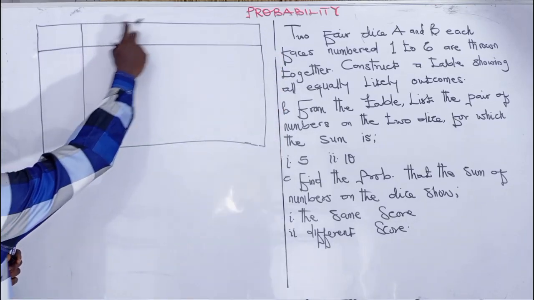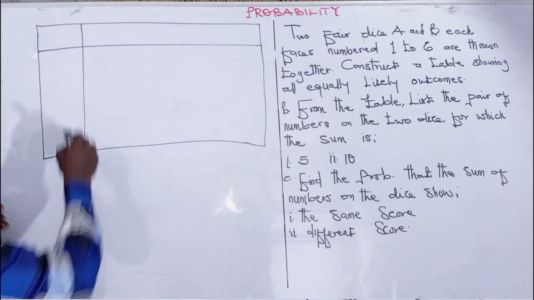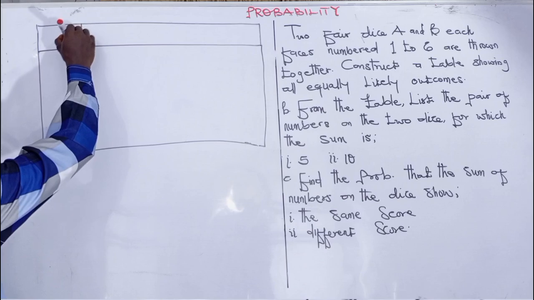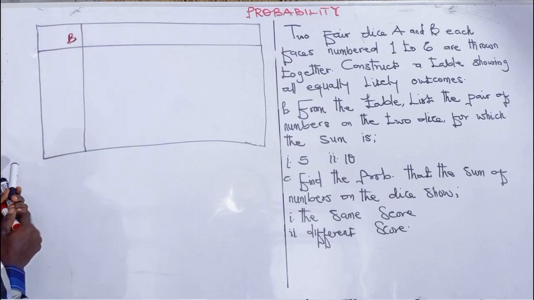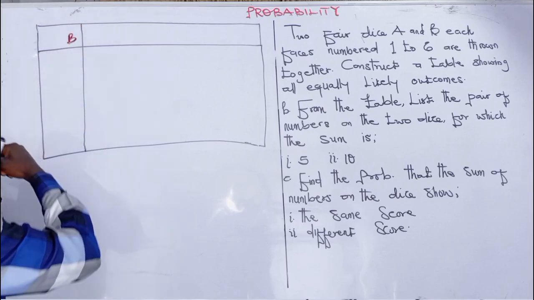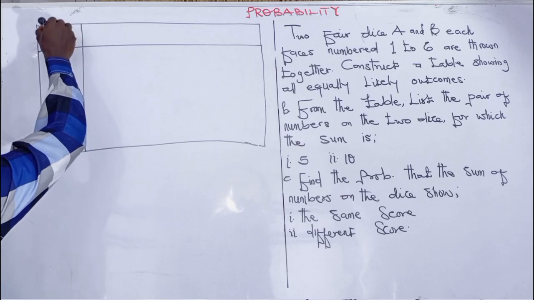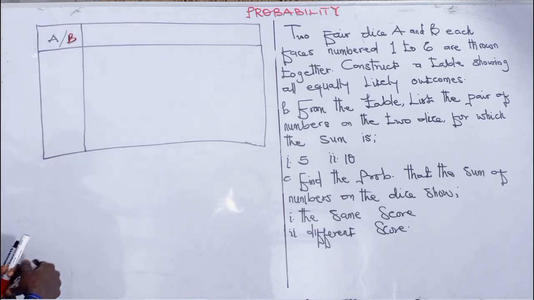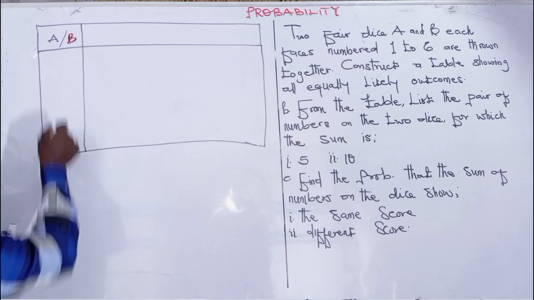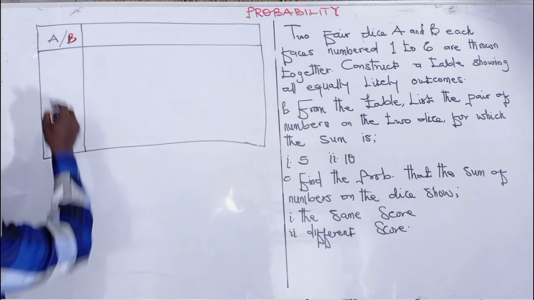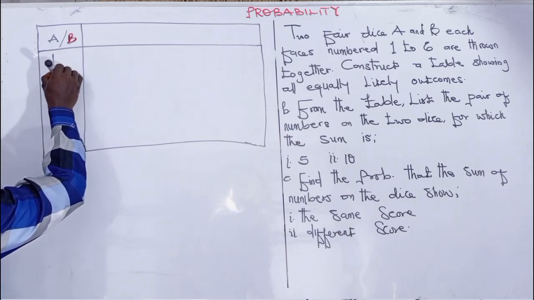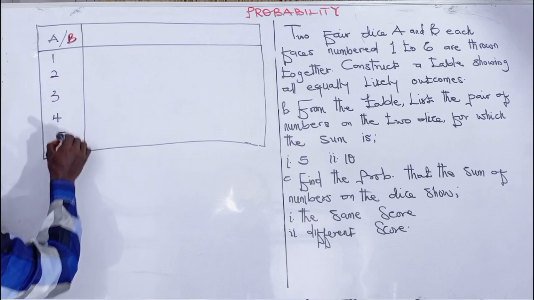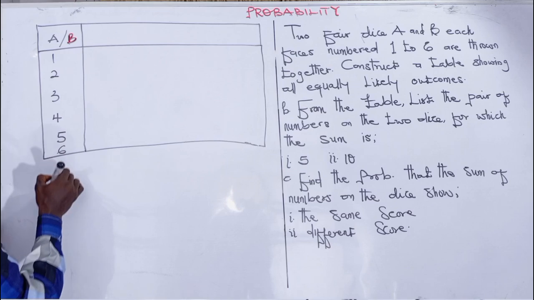us find the set of possible outcomes when these two fair dice are tossed once or they are tossed together. We are going to use this row to represent the toss of die B. So we have B, and then we are going to use this column to represent the toss of what? Die A. You know that when we toss die A, we are either going to have 1, 2, 3, 4, 5, and then 6.